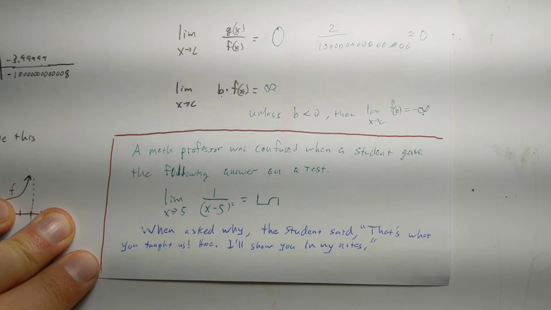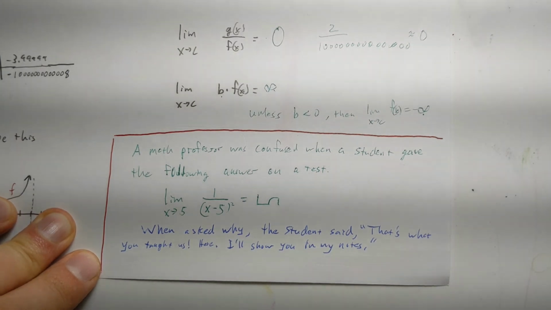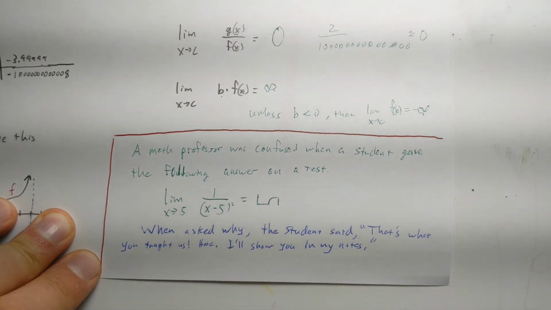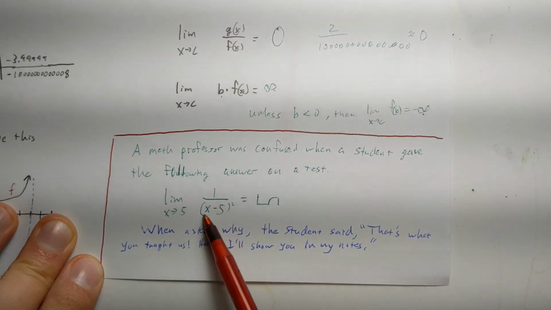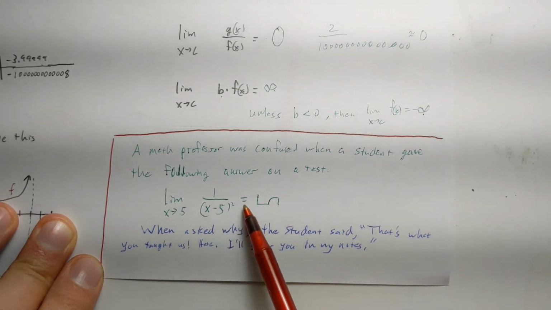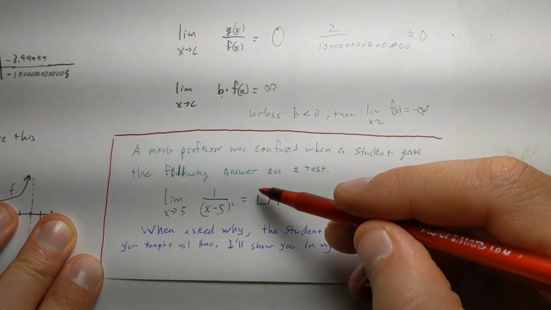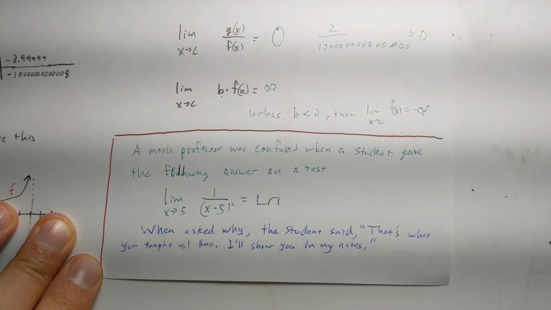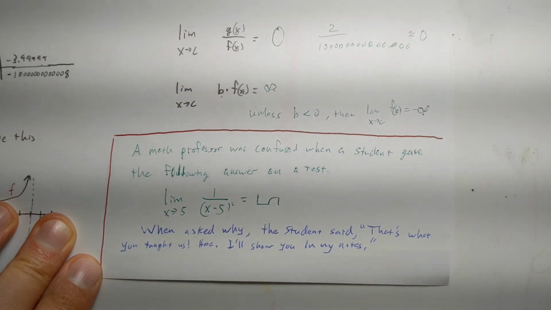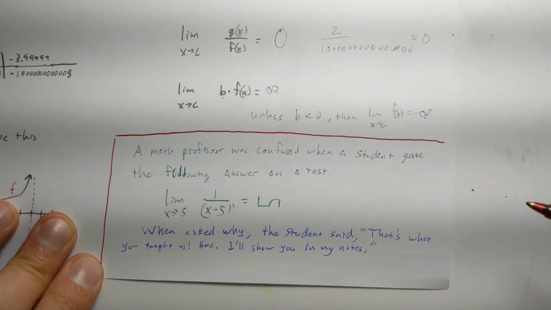All right, and the joke. So a math professor was very confused when a student gave the following answer on a test. The limit as x approaches 5 for 1 over x minus 5 quantity squared is equal to, the student wrote that. When asked why, the student said, "That's what you taught us. Here, I'll show you my notes."